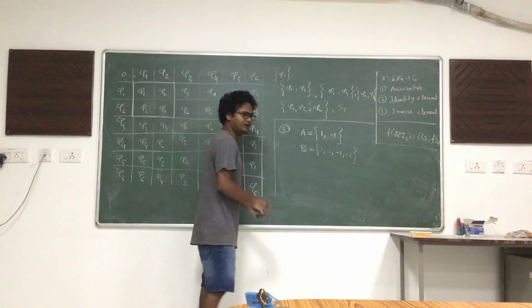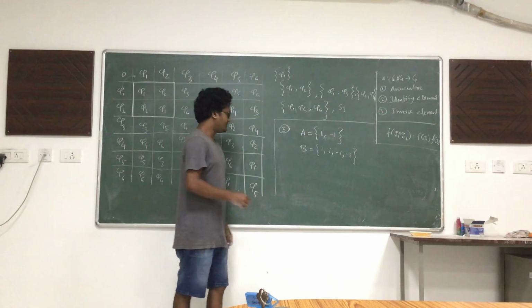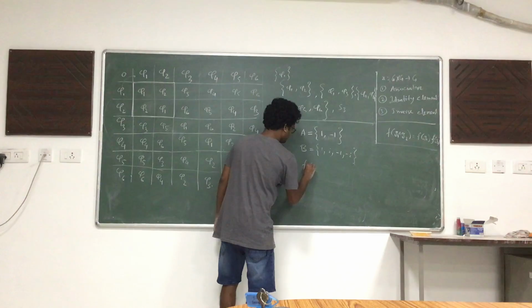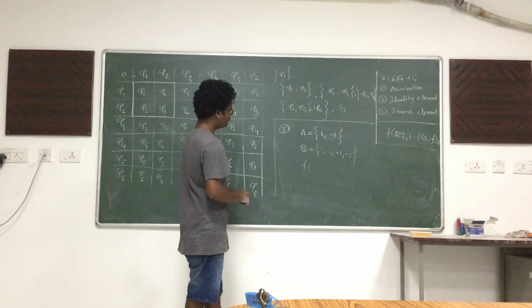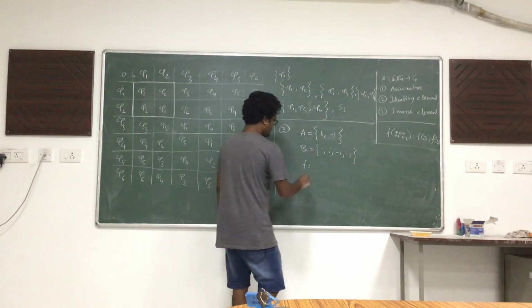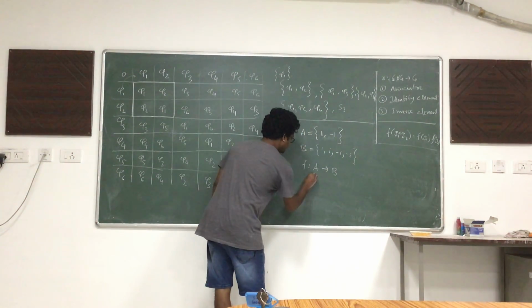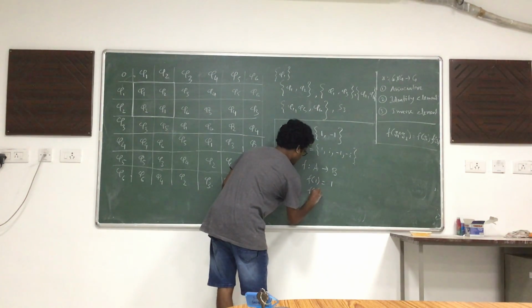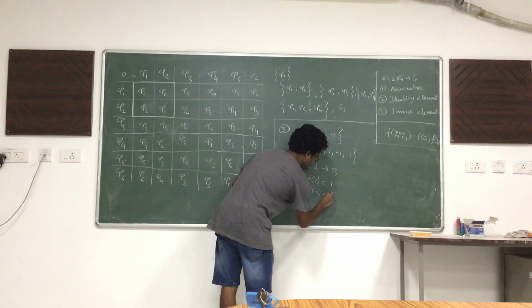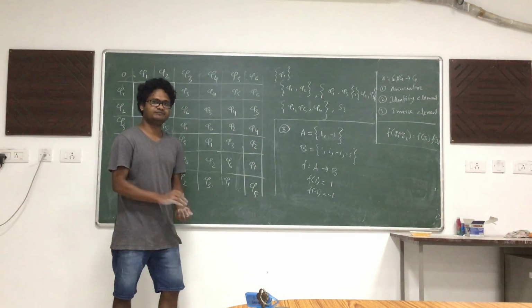So under ordinary multiplication, we can check that A and B are both groups. Let us say f is a function from A to B such that f of 1 is 1, f of minus 1 is minus 1. Is this a homomorphism?